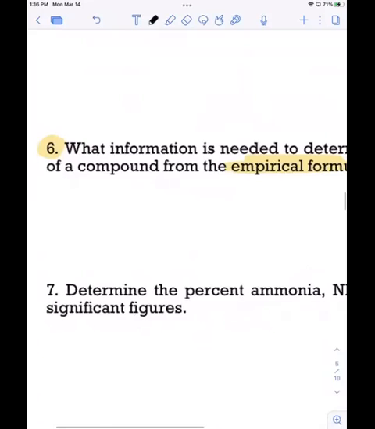Don't we need formula units? Is that right? Yes, sir. And how do we determine formula units?